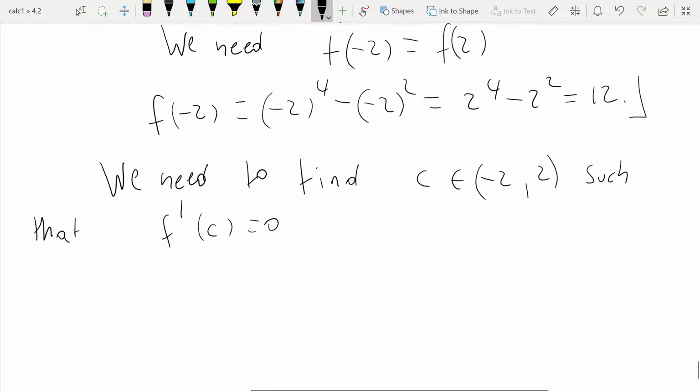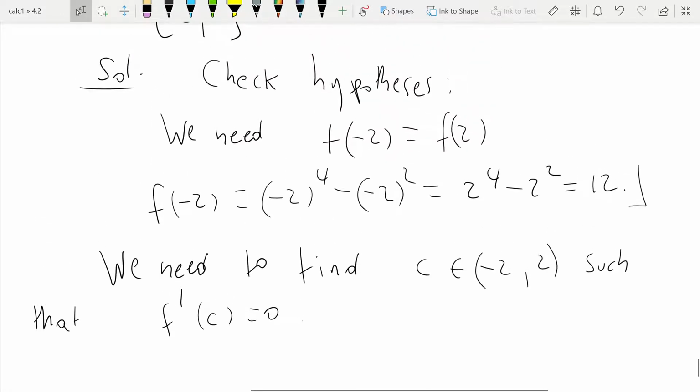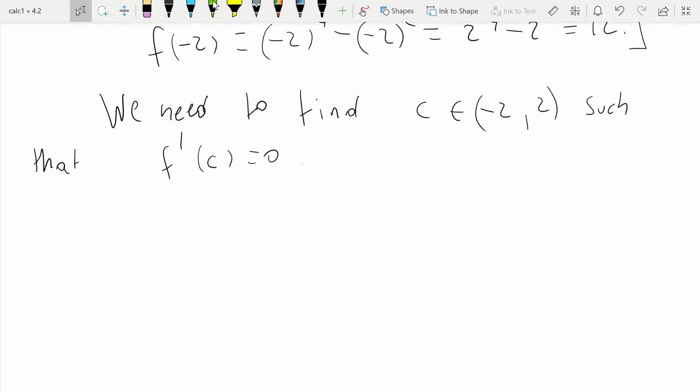How do we know this is possible? Well, the theorem tells us that, that's what we're asked to verify. We'll always be able to answer this kind of question because there's a theorem that tells us that this is always possible once you know that the values of f at the endpoints are the same. Okay, so let's try to solve this equation. Let's try to verify this property.